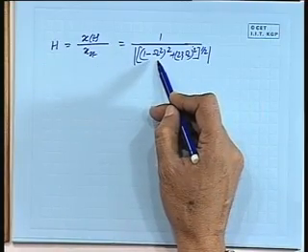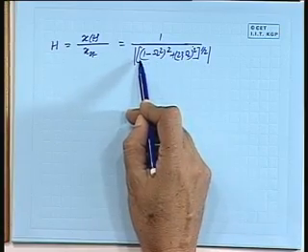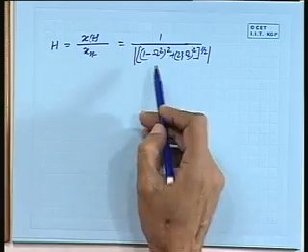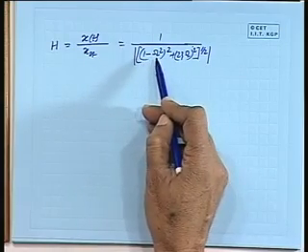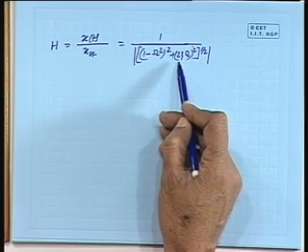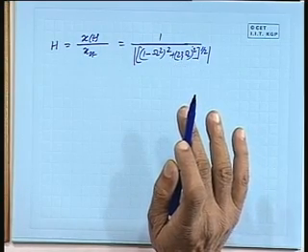Now try to see this part here. When omega is equal to 0, then you have H equal to 1. When omega is equal to 1, this part becomes 0, but this is not becoming 0. This is 2 zeta. So, if the structure is slightly damped, zeta may be a small value, for example of the order of 0.01.